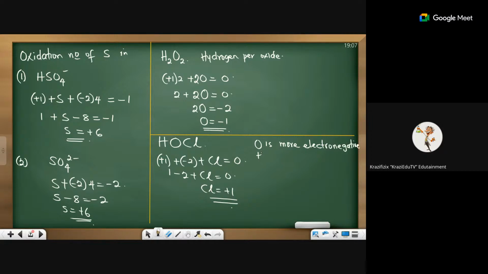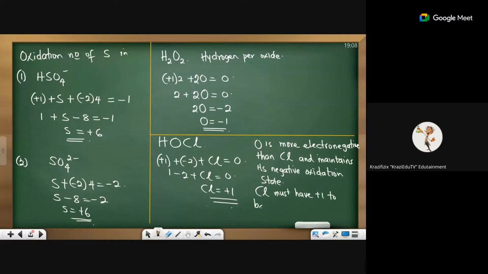Therefore, it maintains its negative oxidation state. That's why it's not changing. So it forces chlorine to change. Chlorine, therefore, must be +1 for us to balance.